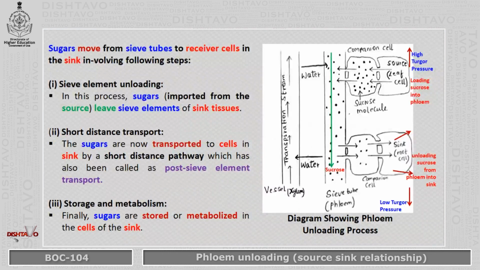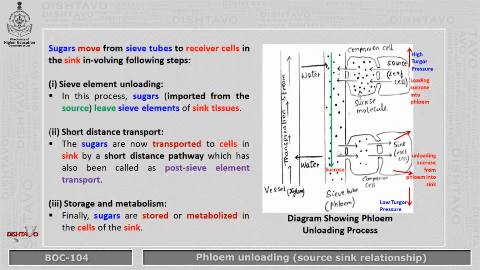Sugars move from the sieve tubes to receiver cells in the sink involving the following steps. This is the diagram which shows the phloem unloading process. The first step shows sieve element unloading, that is, at the area of the sink where the sugar is unloaded and imported from the sieve tube elements to the sink cells.